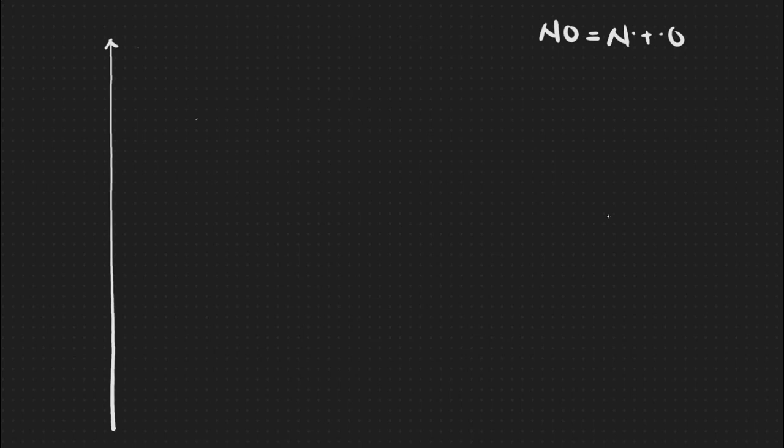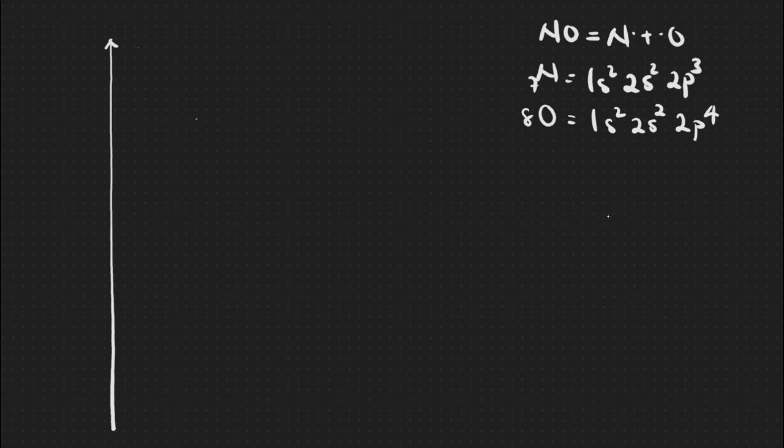As you know, nitrogen is number 7, so we say nitrogen is 1s2, 2s2 and 2p3, right? Then oxygen is number 8, 1s2, 2s2 and 2p4.